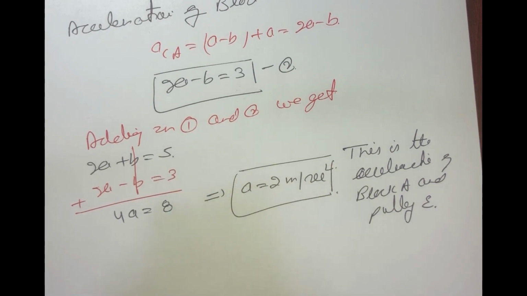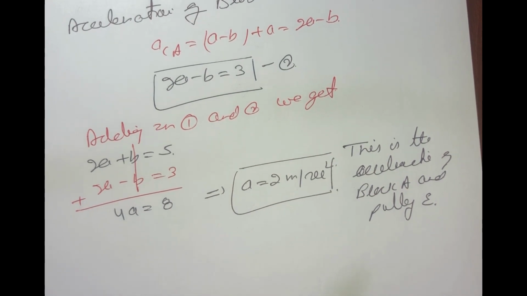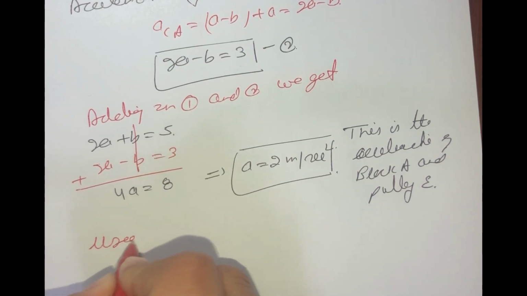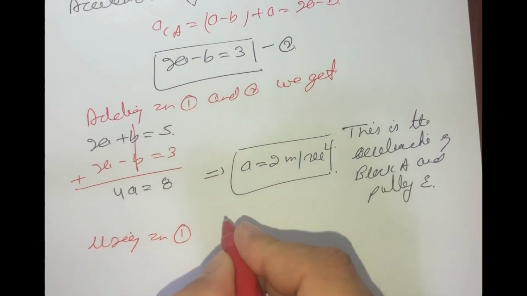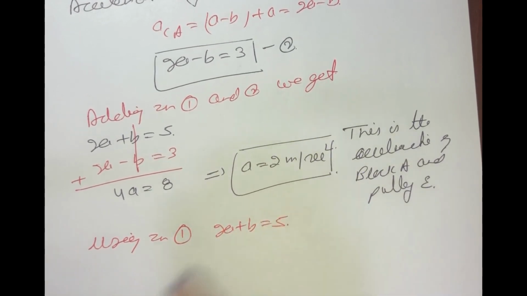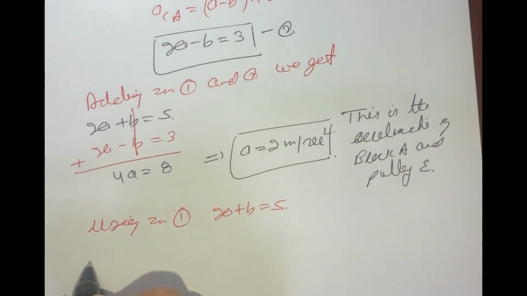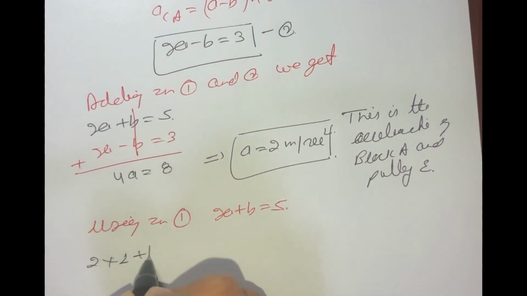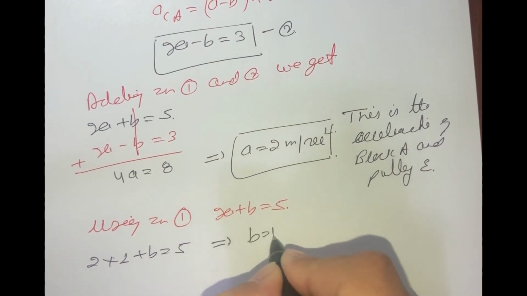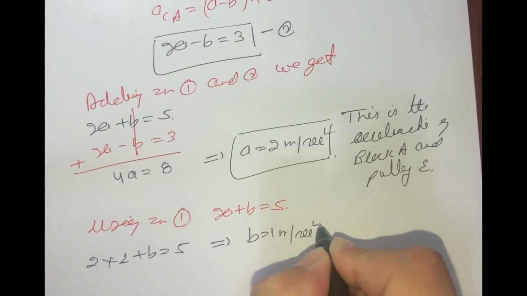Now we can find out what will be b. We can use any of the equations, like using equation 1, that is 2a plus b is equal to 5. Substitute value of a, this will be 2 into 2 plus b is equal to 5. So this gives us b is equal to 1 meter per second square.